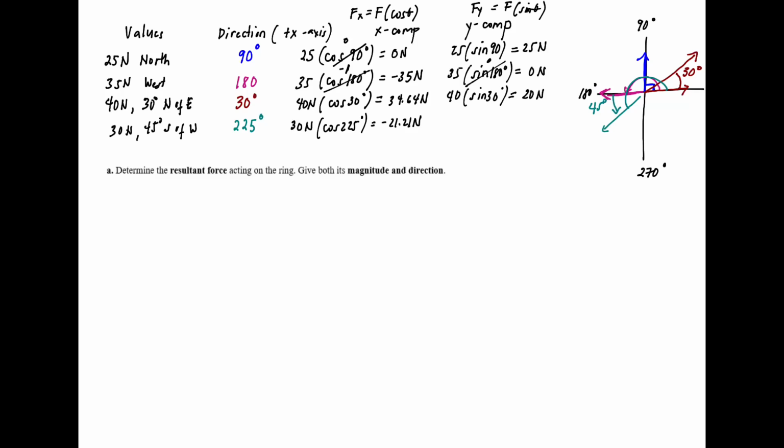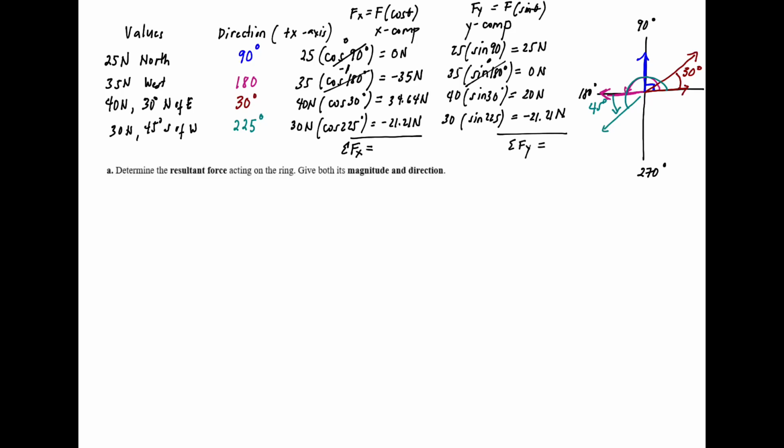And next one will be 30 Newton multiplied to sine of 225. And so our answer here is negative 21.21 Newton. Now what we can do here is to get the sum of all the x component, and we have also the sum of all the y component.